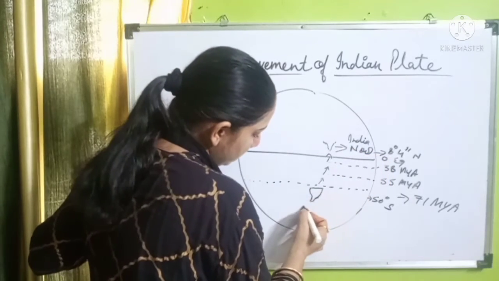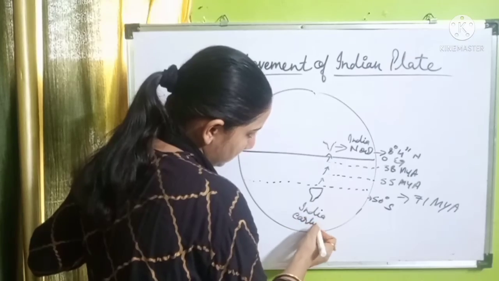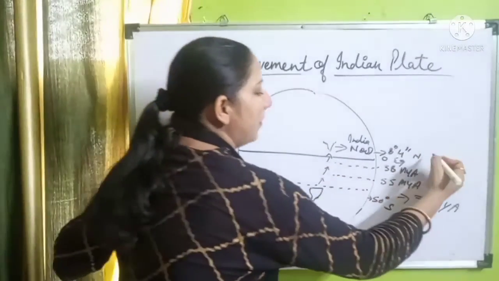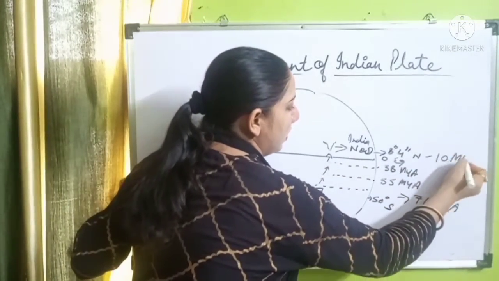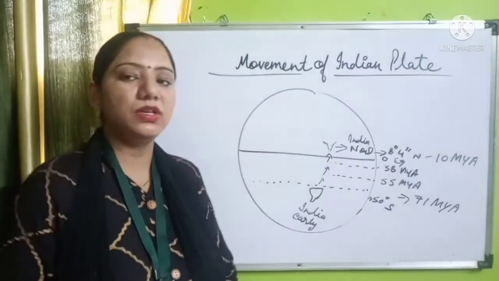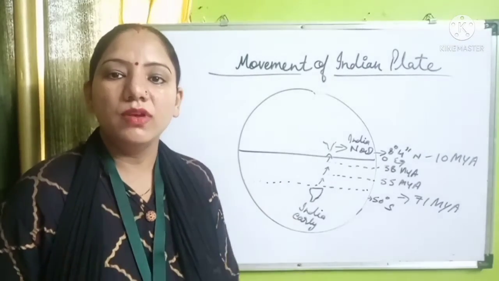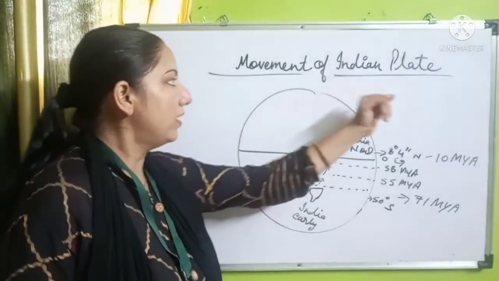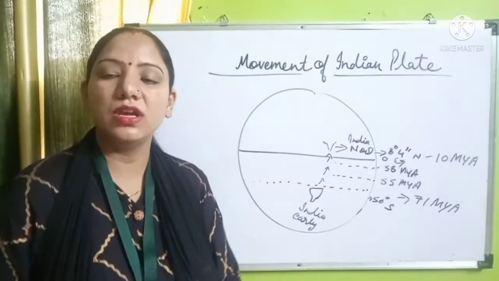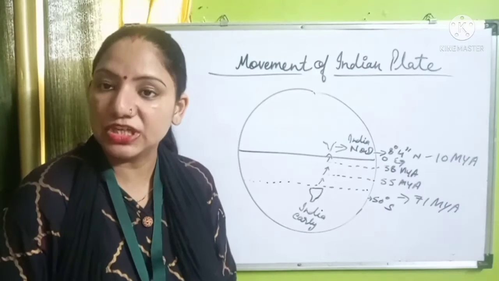That is India early, and that happened around 10 million years ago. The current position of our country we got around 10 million years ago. Now let's see the movement of the Indian plate in detail, step by step, with the help of videos and pictures.